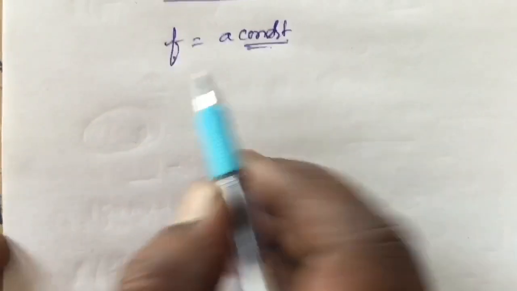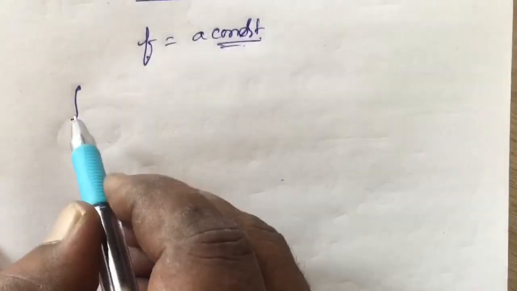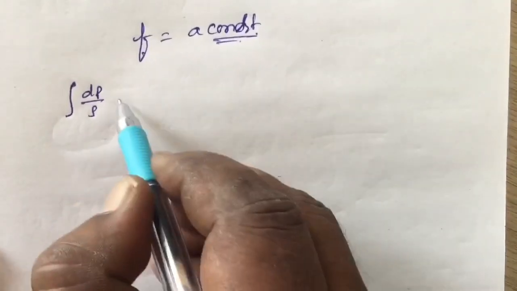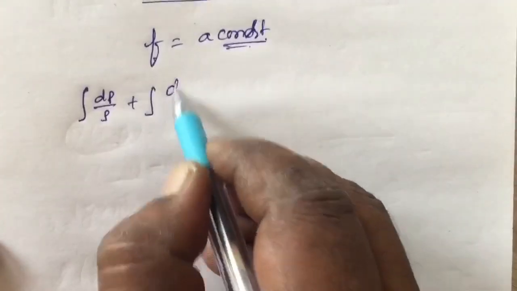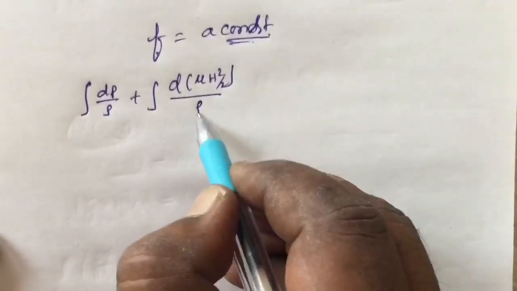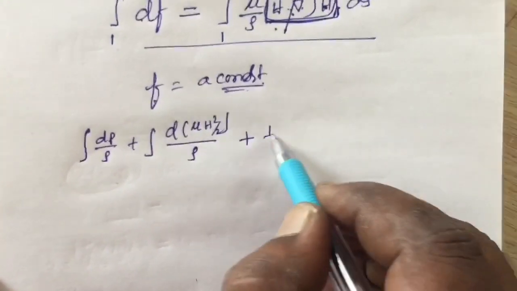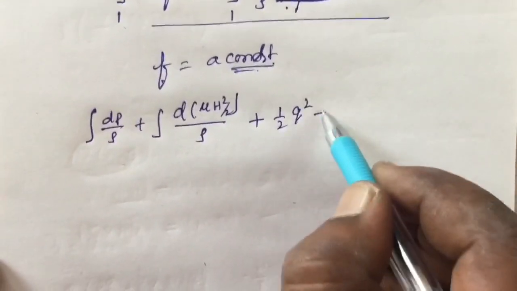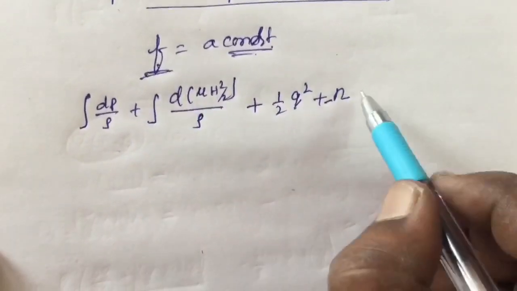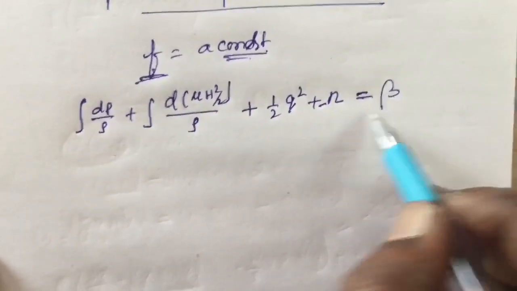F means integration of dp by rho plus integration of the derivative of mu h square divided by 2, whole by rho, plus 1 by 2 q square plus omega, is equal to a constant. I am going to call that constant beta.